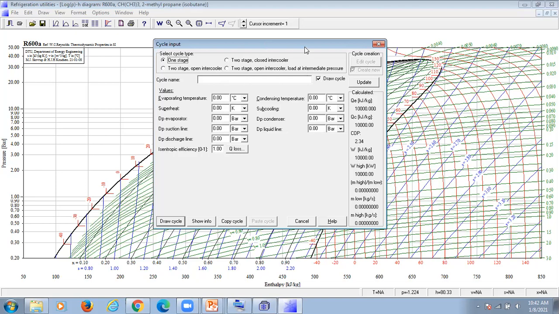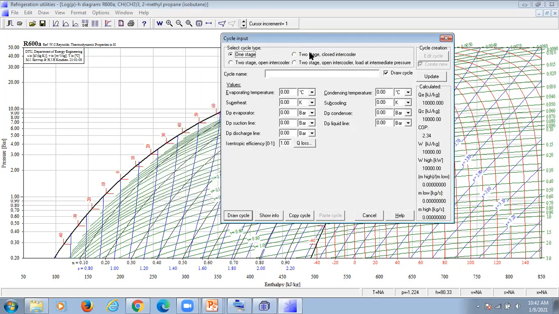It's asking for the evaporating temperature. It's asking for superheat. It's asking for pressure drops. dP means pressure drops. Condensing temperature, subcooling, pressure drops in the condenser and liquid lines. Okay.